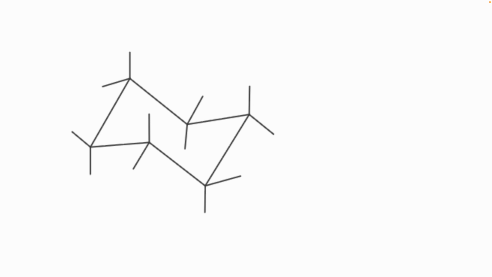So the first thing we want to do is note that in our chair structure here, every other carbon, which I'm going to color in red here, is sitting at a point or a peak on this drawing, right? A triangle that comes to a point. And then every other carbon is sitting at a valley, or at a triangle that's pointed downwards, right?